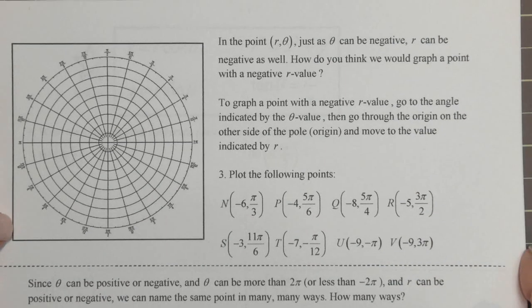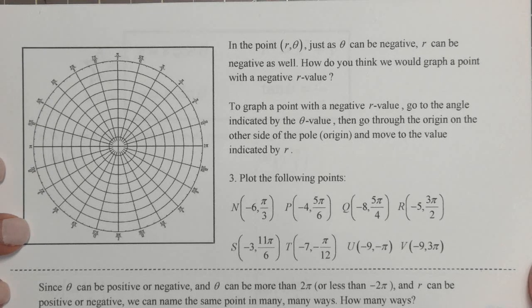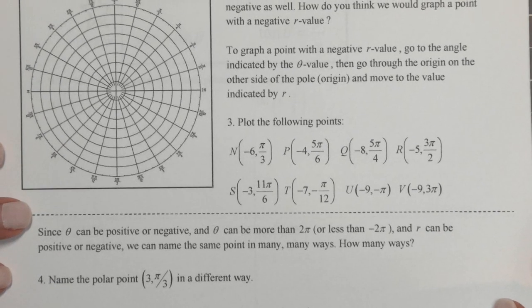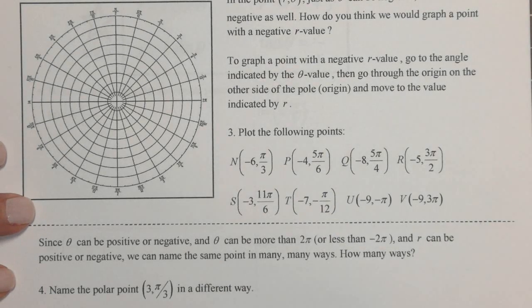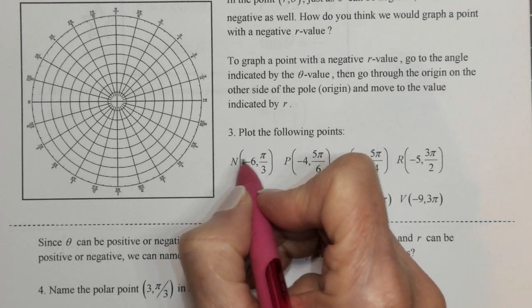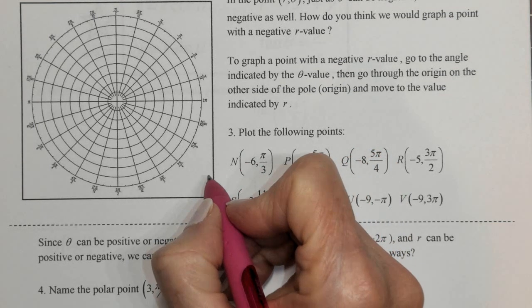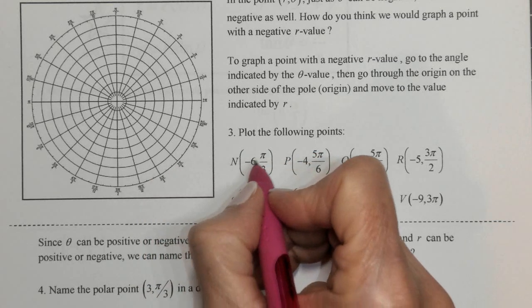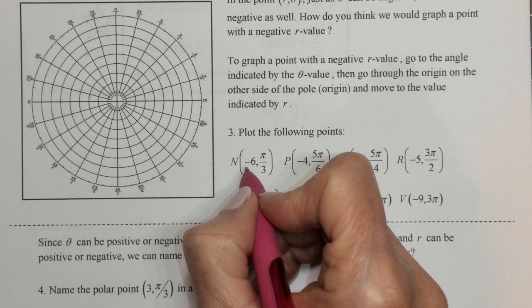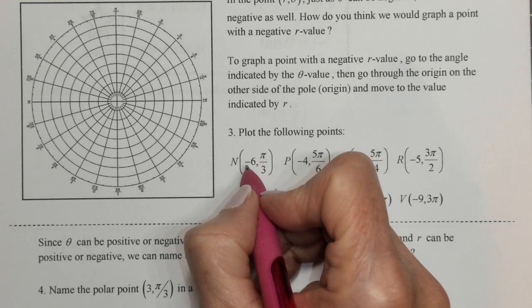Just like theta can be negative, r can be negative too. What do you think would happen if r was negative? If r is negative, we go to the angle, but then we go negative r, so we're going to cross over the origin and go out that amount on the other side of the pole.